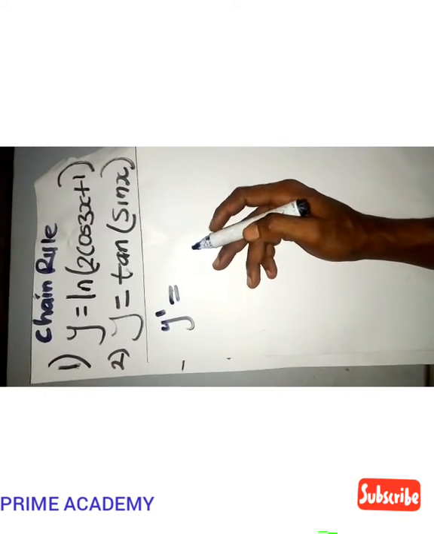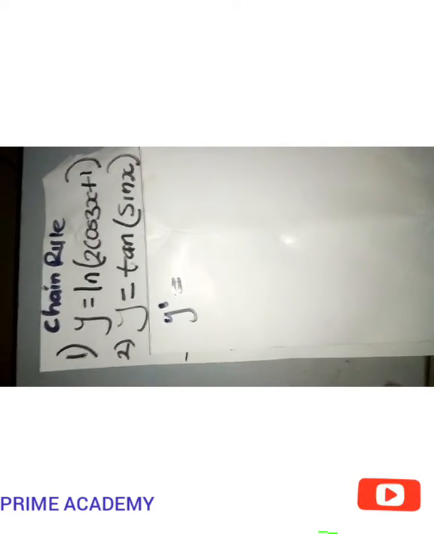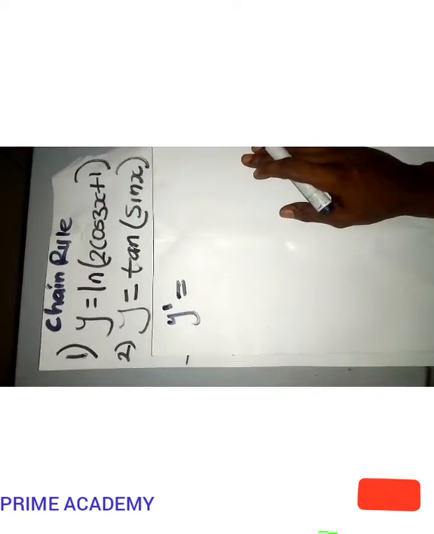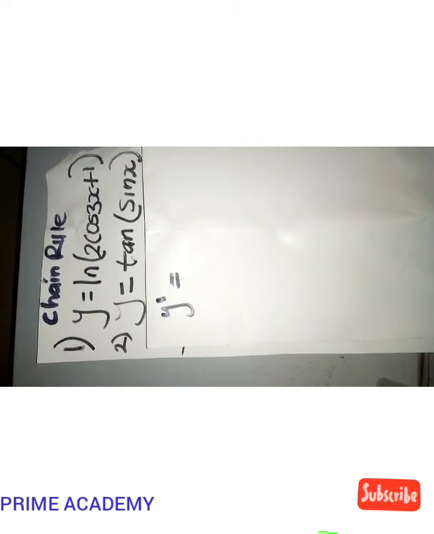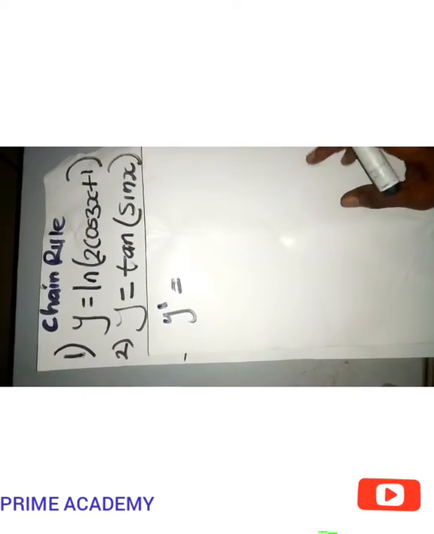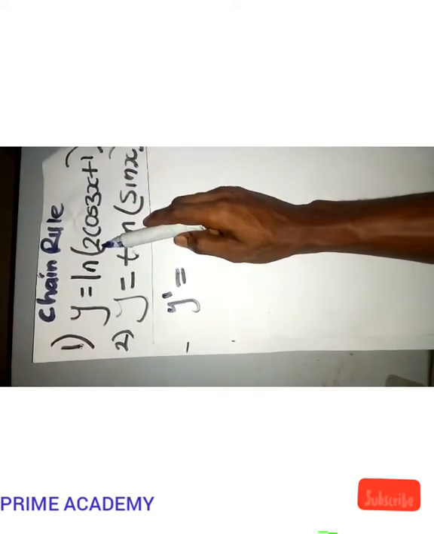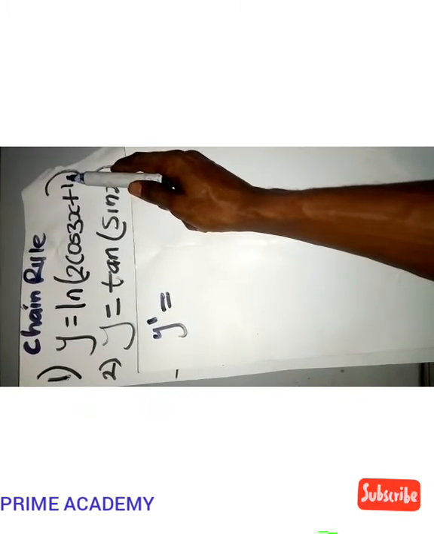You remember that a constant is a number that stands alone, such as the 1 in this case. When you differentiate it, it gives us 0. So differentiating the inner function, if I differentiate 1, I will get 0.